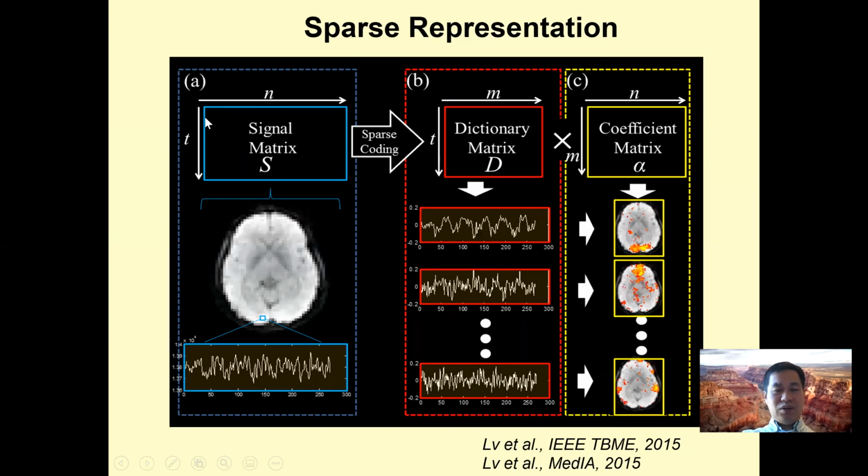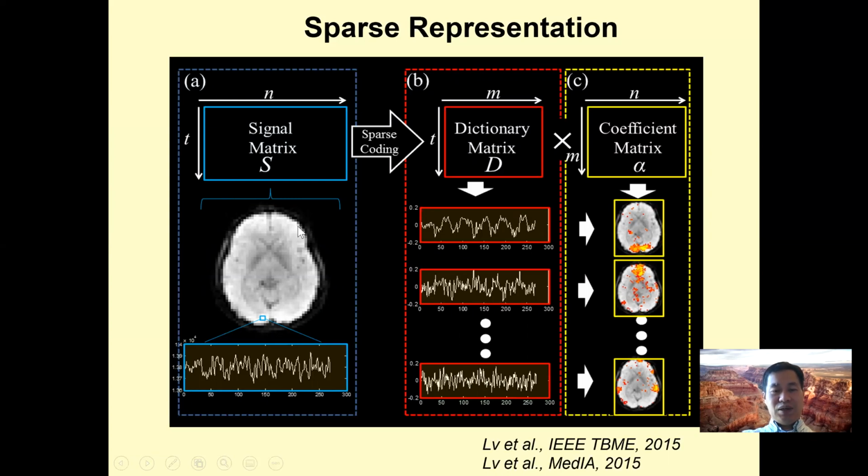In the vertical domain, T represents the time point, and each row is the spatial distribution of the volume. That means we put the 3D volume into a one-dimensional voxel vector, represented by this row.